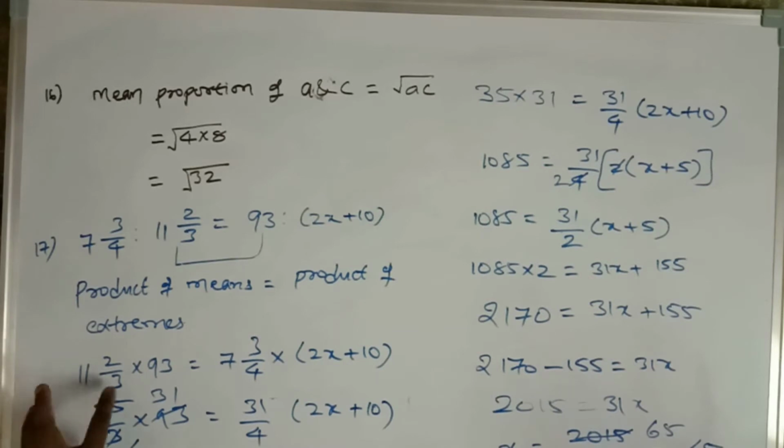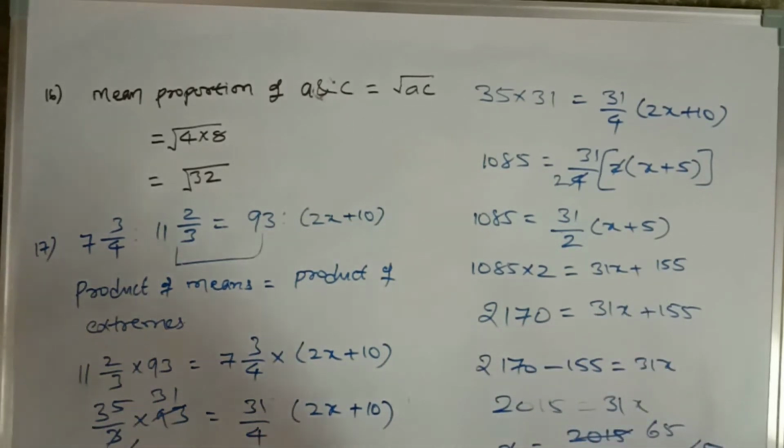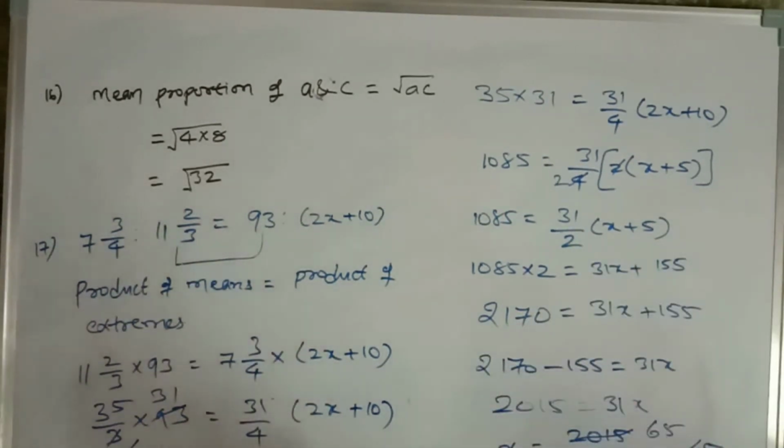So here I am changing these mixed fractions into improper fractions, that is 33 plus 2, 35 by 3 into 93 is equal to 31 by 4 into 2x plus 10. So that is 35 into 31 is equal to 31 by 4 into 2x plus 10.